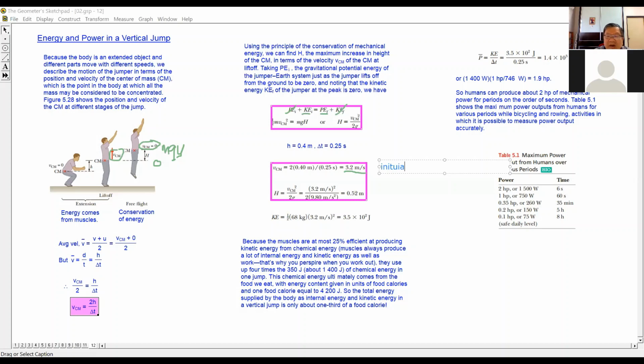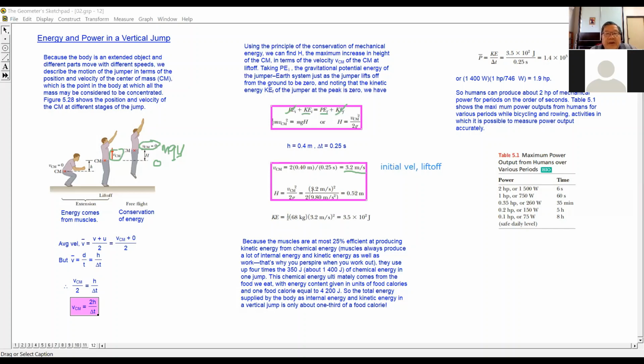This is the initial velocity before lift off, estimated from the average height of those westerners, and the time taken is 0.25 seconds.